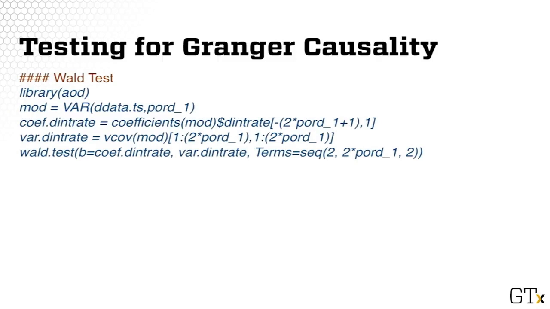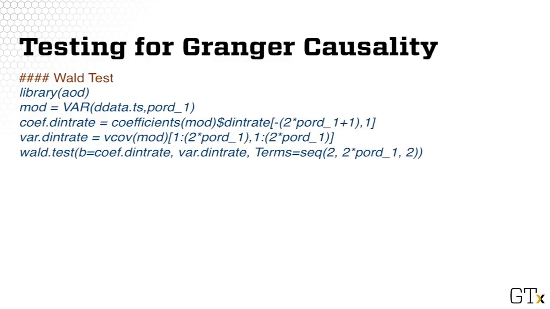Just as for testing for order selection, we use the Wald test function in R. The vector for the coefficients for the difference interest rate consists of all estimated coefficients for the interest rate time series except for the constant or intercept, thus removing the last coefficient.